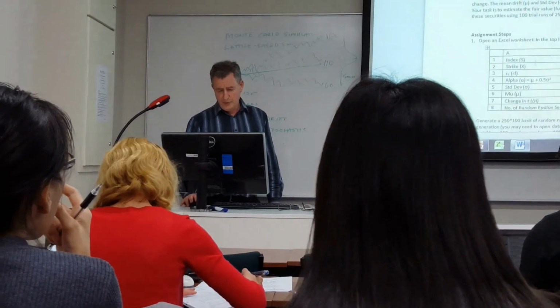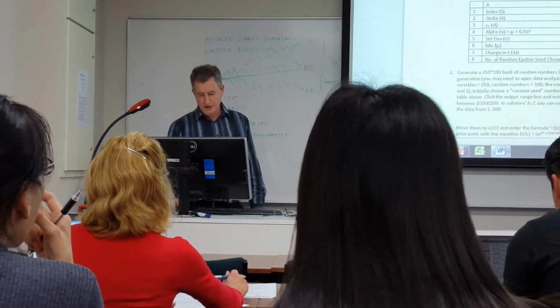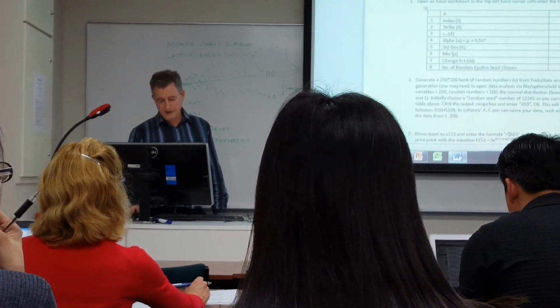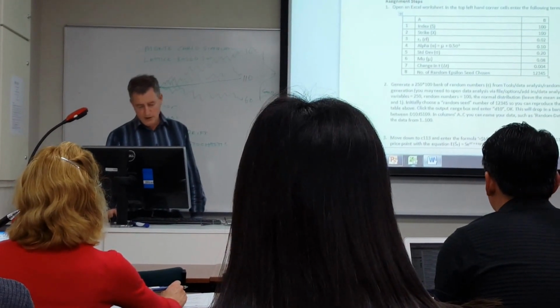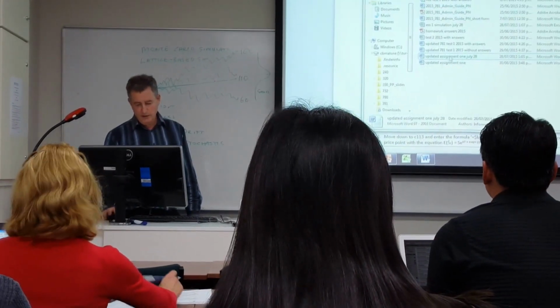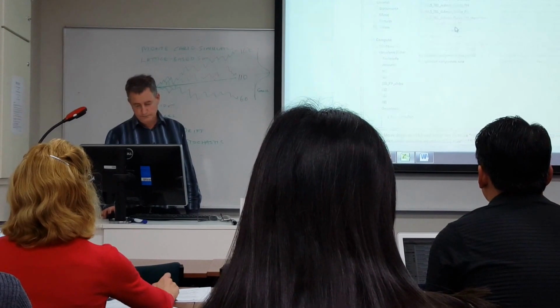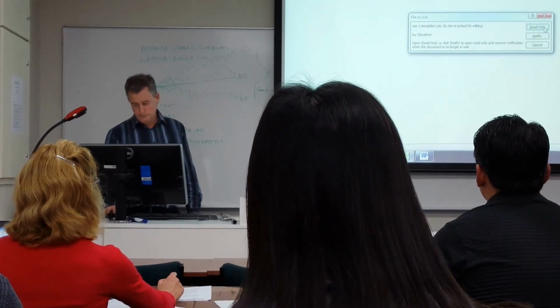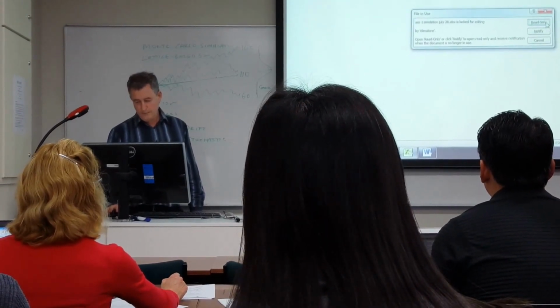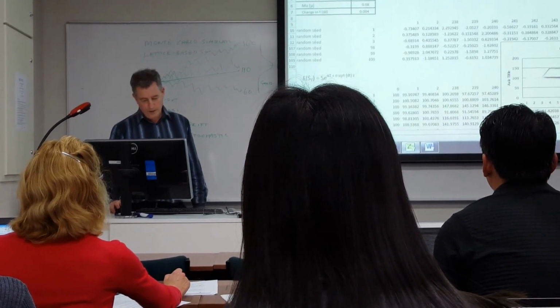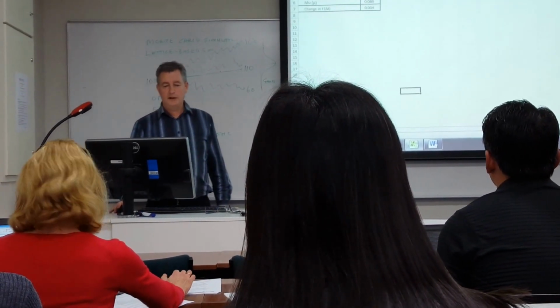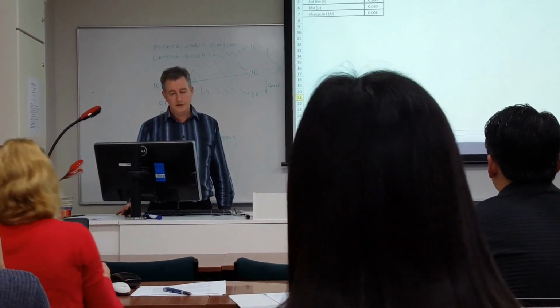So the first thing is we open this spreadsheet up and get these numbers in. So I've got that over here. Playing around with that now. So I'll save this as.